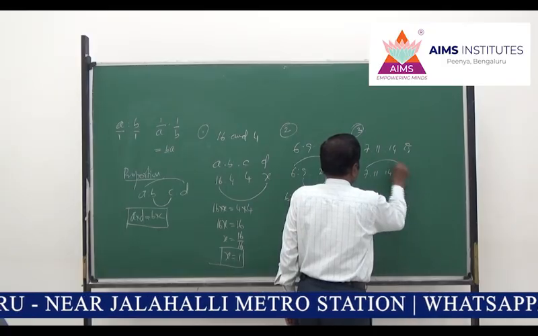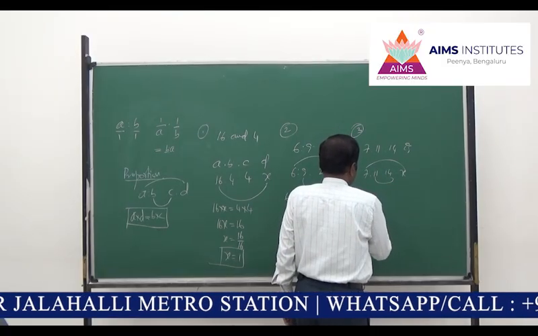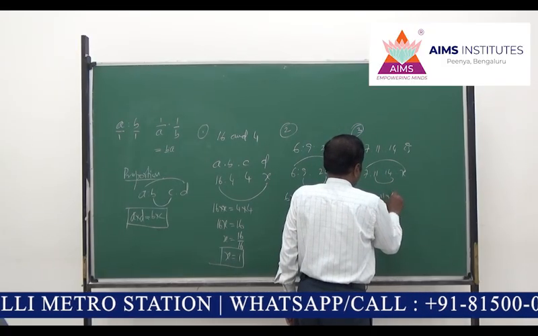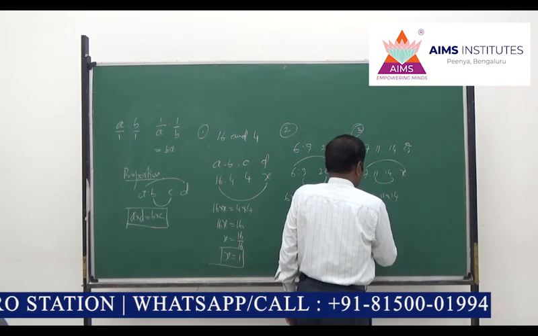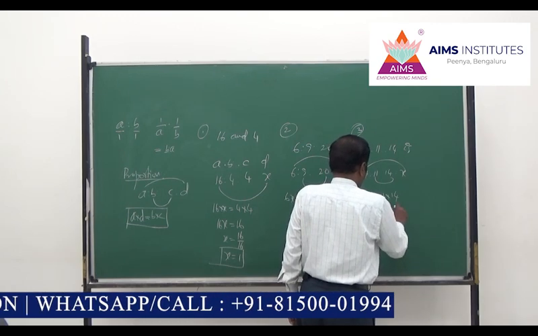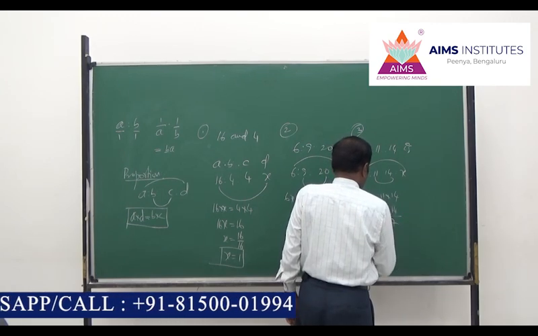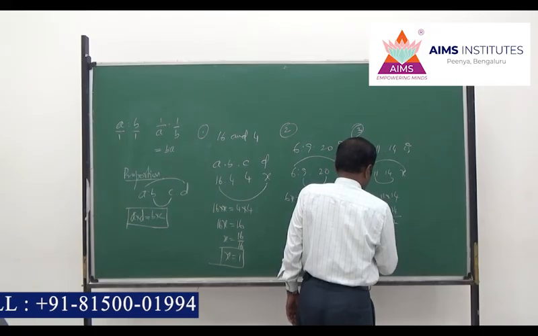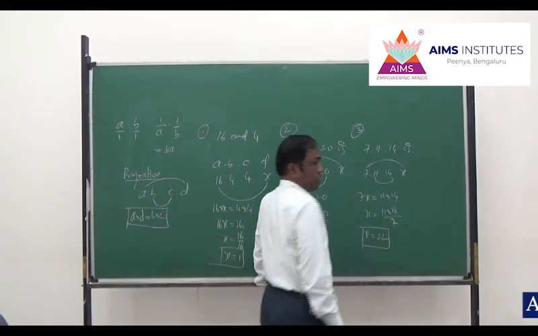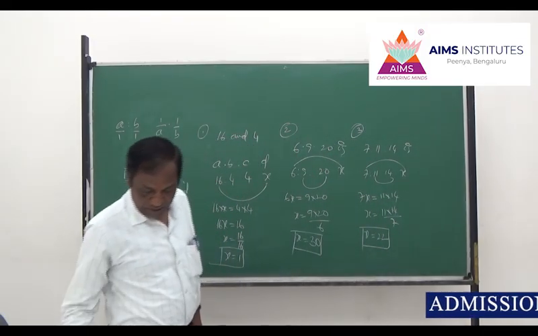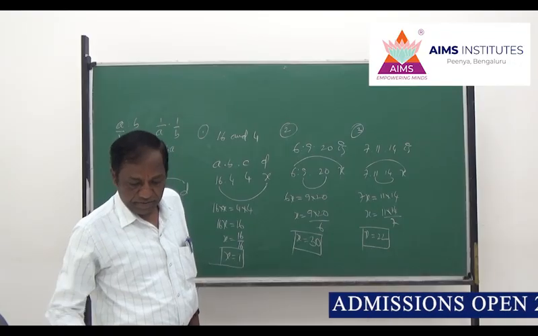It means 7x equals 11 into 14. So x equals 11 into 14 by 7, x equals 22. The x value is 22. Option D.